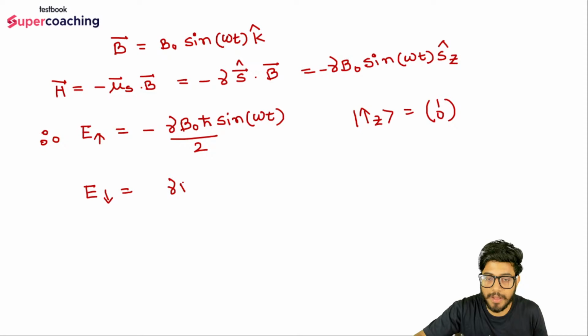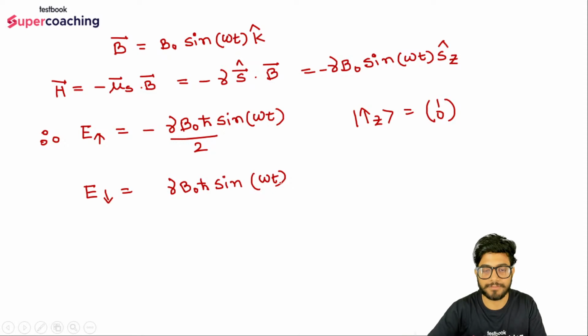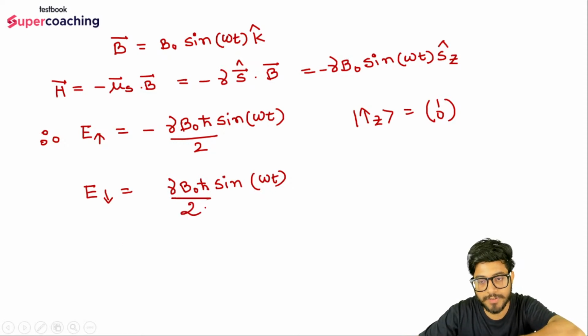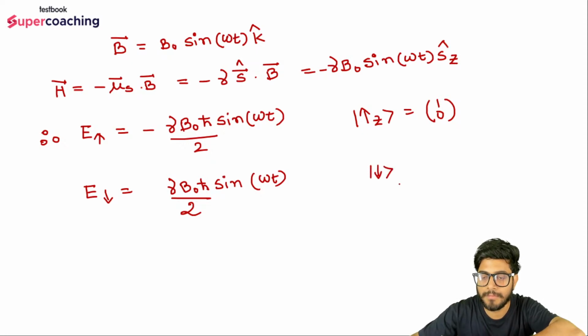That's why it will be gamma B naught h cut sine omega t divided by 2, right? So this thing is clear, and of course the energy eigenstate will be down z, that means 0 1.